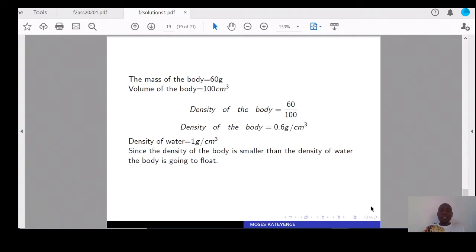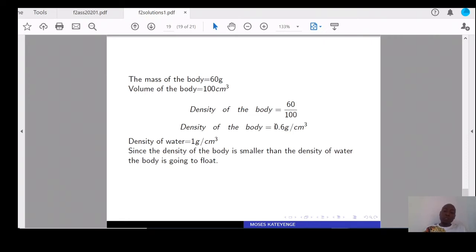So my only target right now is to find the density of this body. Since I have the mass of the body and the volume of the body, I'm going to use the relationship that density is equal to mass divided by volume. The body's mass is 60, the volume is 100, so density is given by 60 divided by 100, and if we divide, we get an answer of 0.6 grams per centimeter cubed.